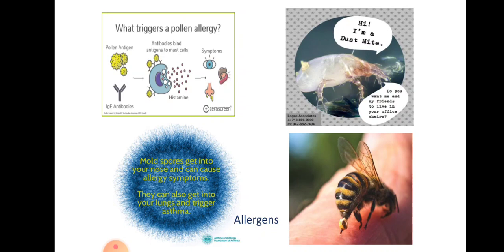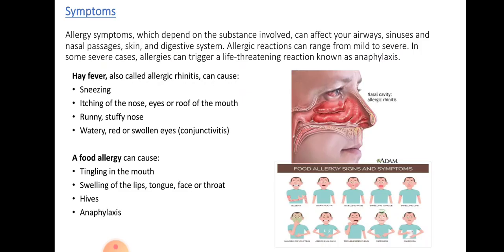Bee stings. Honeybees sting the person, where you may have symptoms like swelling of your nose or face. The whole face may get swollen. So these are the common allergens.